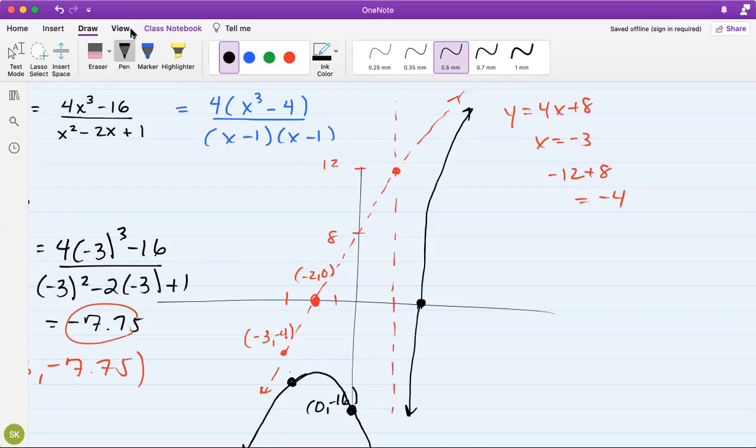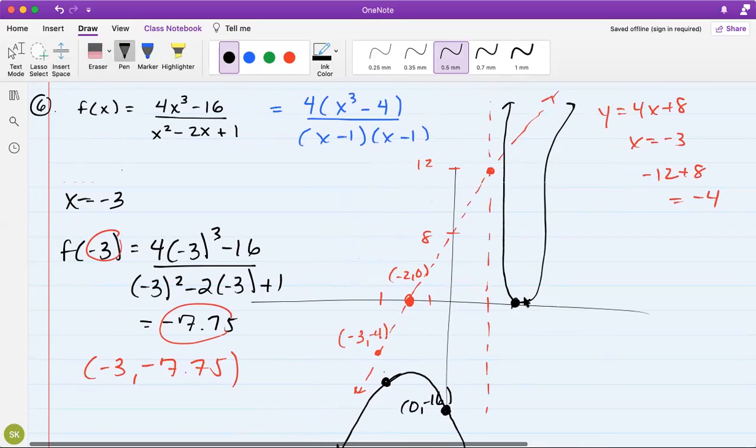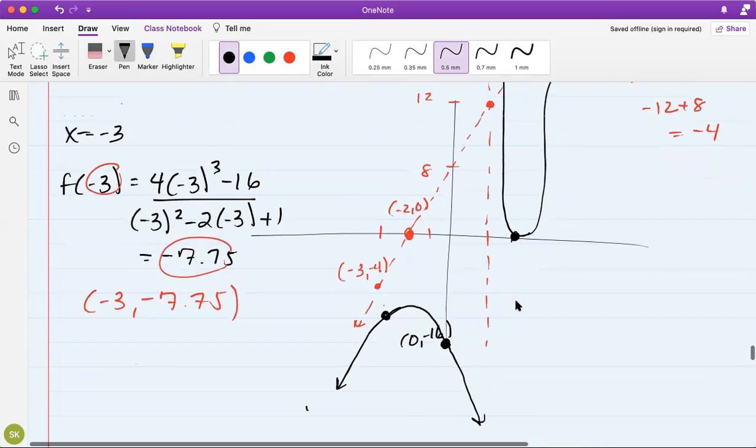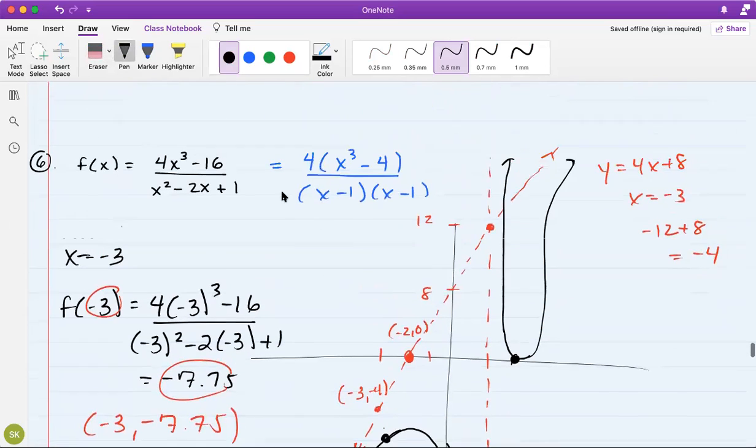If you had instead, let's say you thought it was going to go up like this, well then this side would have to go, because it can't really cross and then come back up, it has to go towards this asymptote. It would have to go like this or something like that. But the problem is it would just touch here. And this negative, where is it at? Right here.